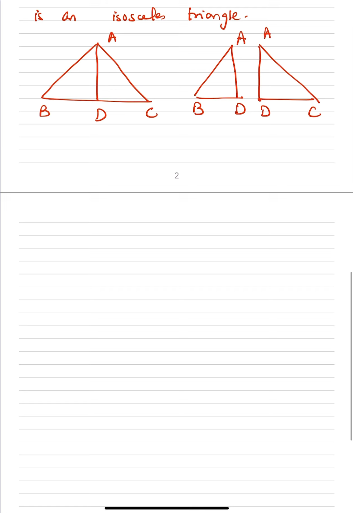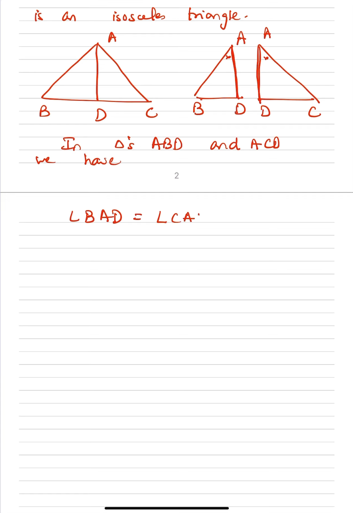Now we can say that in triangles ABD and ACD, what is given to us? AD bisects angle BAC. So angle BAD is equal to angle CAD.